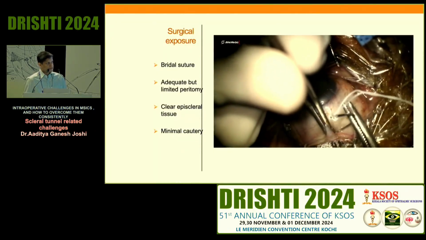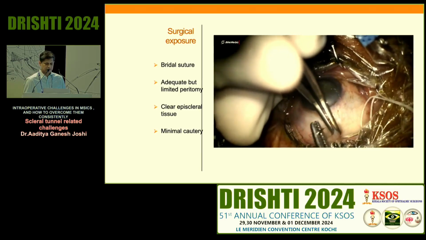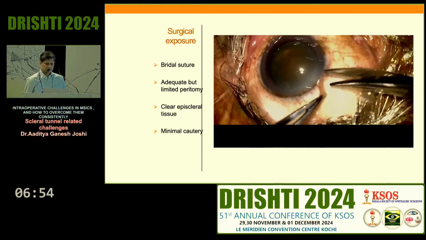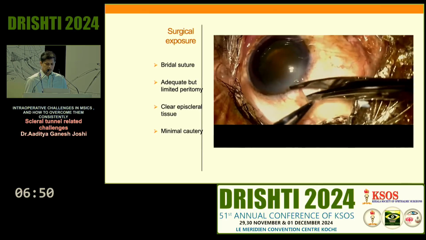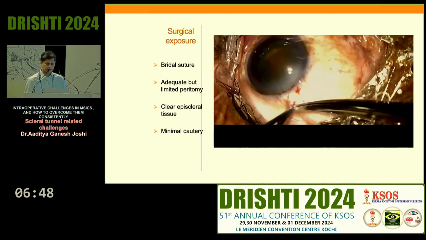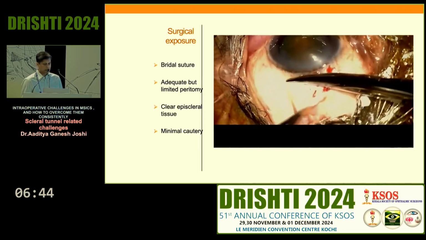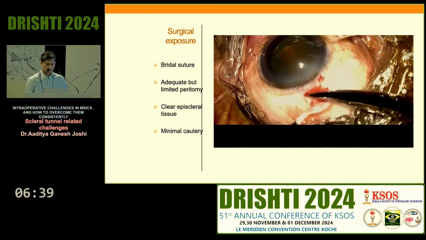For a beginner doing a superior incision, taking a bridle suture is very important so that he gets a good surgical exposure, followed by an adequate limbal peritomy. Do remember to clear the episcleral tissue also, otherwise the incision will be very ragged or irregular.